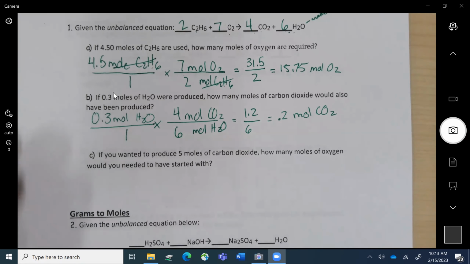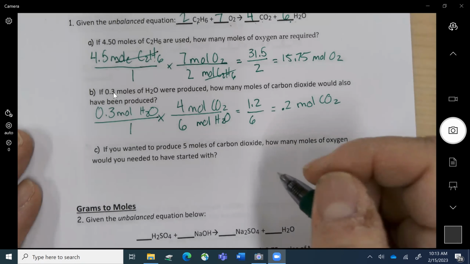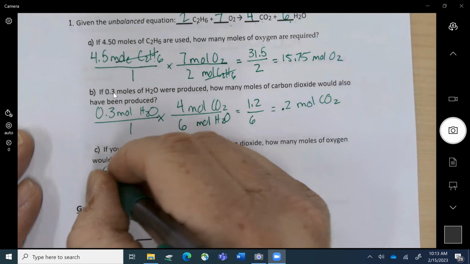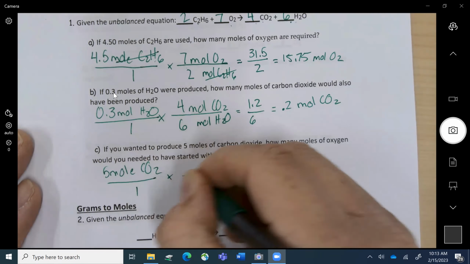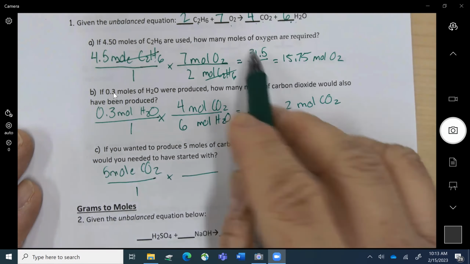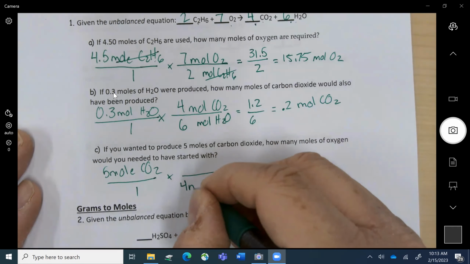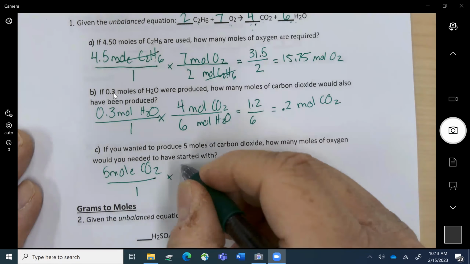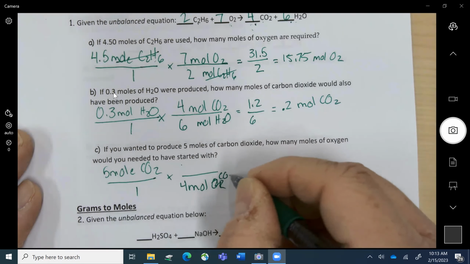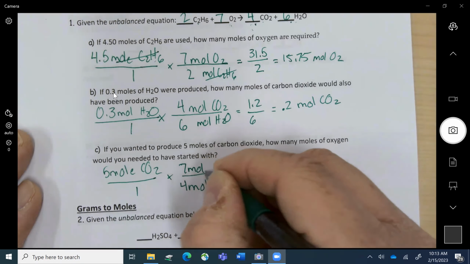All right, so it's been our couple minutes. I'm starting with 5 moles of CO2 over 1. And it says how many moles of oxygen. So you look at your equation. This is where the moles are going to come from. So it's 4 moles of CO2 and 7 moles of O2.